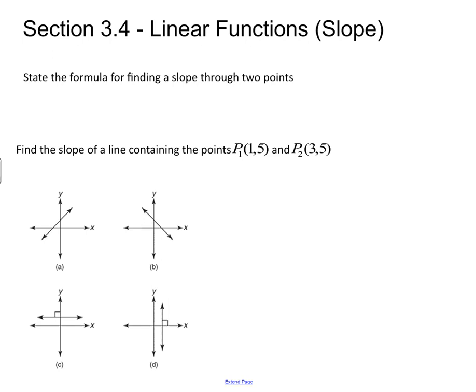If we have a line in the plane, and that line passes through 2 points, we sometimes think of the slope. I'm going to write up my formula right here.